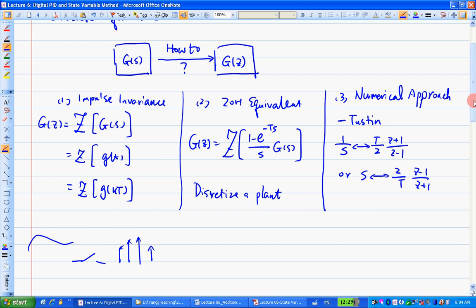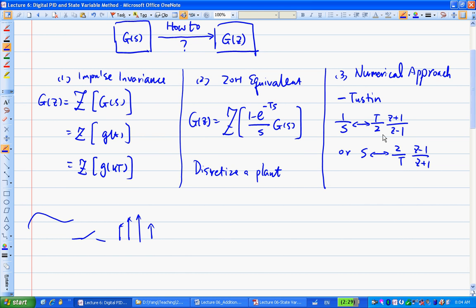We cover three different numerical approaches. The first one is called Tustin's method, or you can also call it trapezoid. Basically the area is approximated using a series of trapezoids. We derived that for 1 over s, you can use this expression to approximate it.